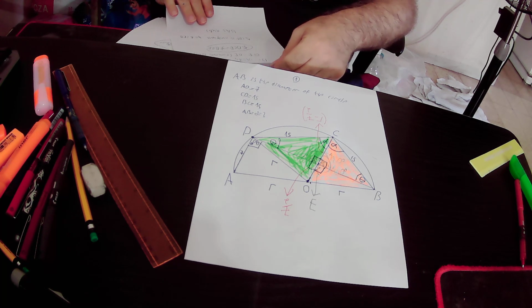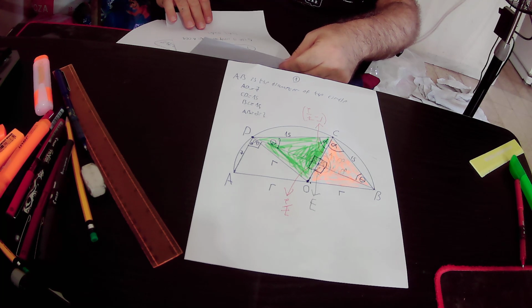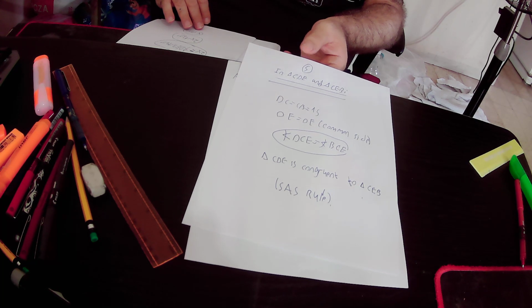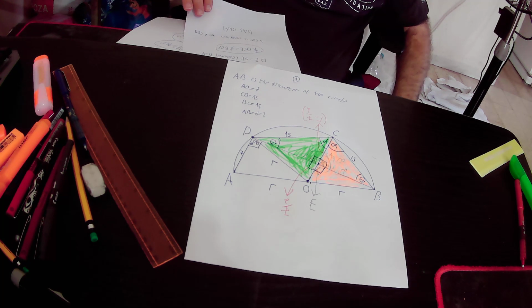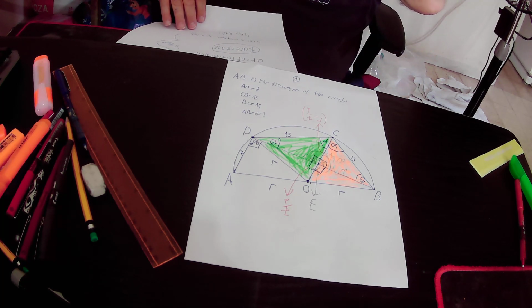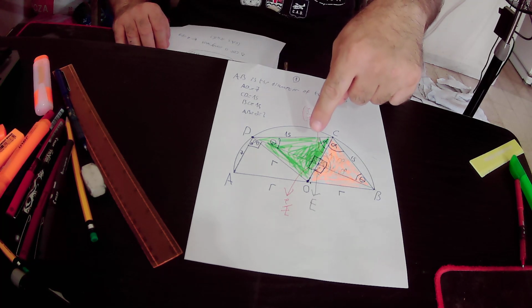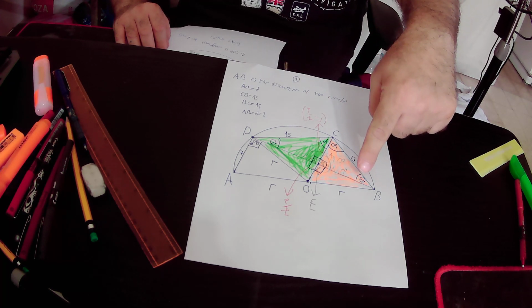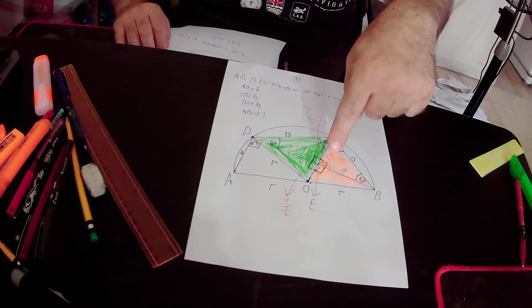Okay, so angle BCE equals angle BEC equals angle CBD equals angle CDB.